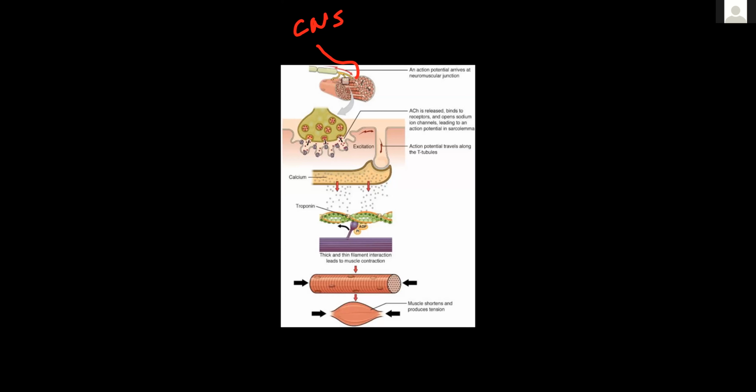And when that happens, it will unmask which positions? The binding of calcium to troponin will make a conformational change in it. Myosin binding sites get opened up on the thin filament.